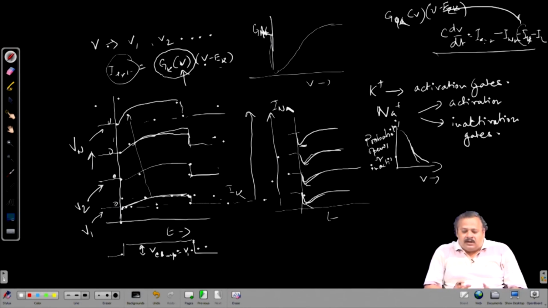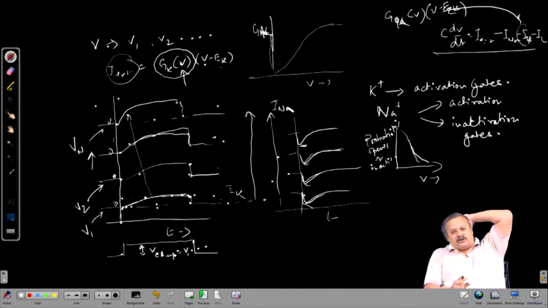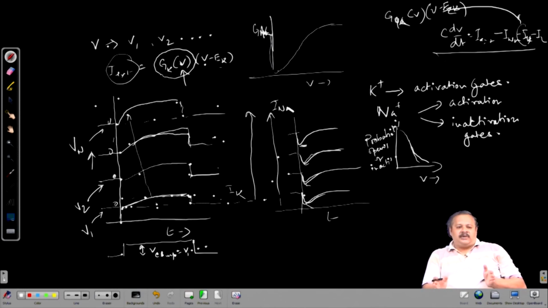So, what we have shown so far is that experimentally the sodium conductance and the potassium conductance as a function of voltage clamp, that is different values of voltage clamp, can be obtained and their profile over the duration of the clamp can be obtained.